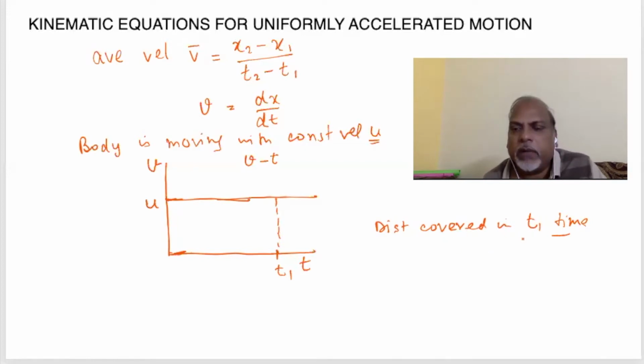The distance covered in t1 time by the normal formula will be nothing but u into t1, because it is constant, so just multiplying by time will give you the distance.